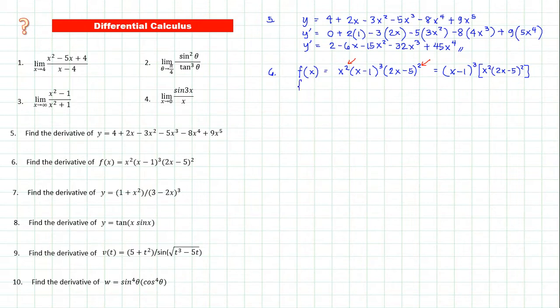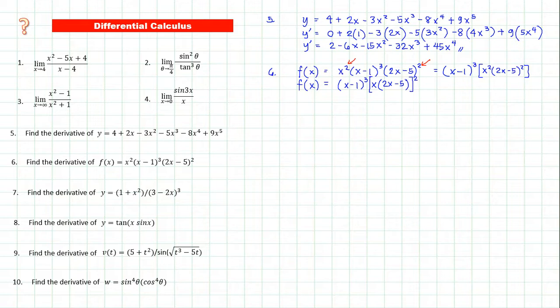And this function, di pa natin kinukuha ng derivative, will be simplified further into (x minus 1) cube times yung squared, no? Gamitan muna natin siya ng bracket. Medyo organized naman. X times (2x minus 5) squared, silang parehas.